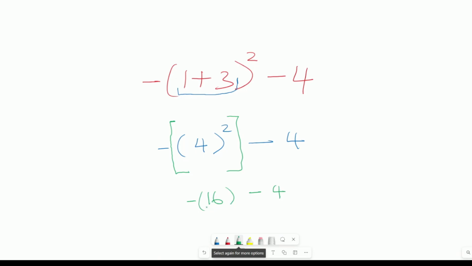Okay, and that will give me negative 20. Okay, now another person can also reason mathematically and say that no, this negative affects the bracket straight away. Okay, so let me rewrite it here.